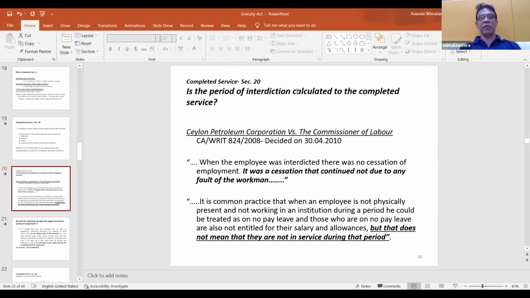That is the question. Ceylon Petroleum Corporation versus the Commissioner of Labor, Court of Appeal writ application. It says, when the employee was interdicted, there was no cessation of employment.